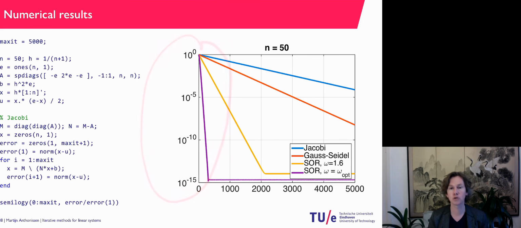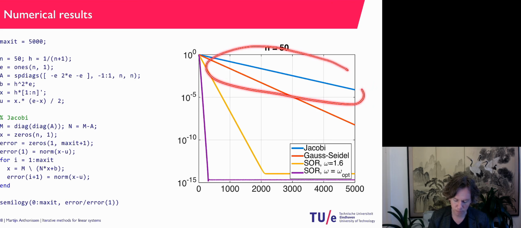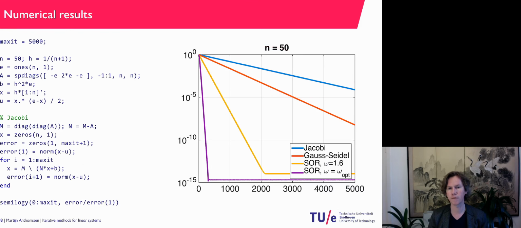Since we know the exact solution, we compare it to the x_k during the iteration. You see the slowest method here, this is Jacobi. Jacobi is the simplest method, and it's also the slowest. Gauss-Seidel, this one here, is approximately twice as fast. If you look at the slope of the straight lines, the slope of the red line is half of the blue line.